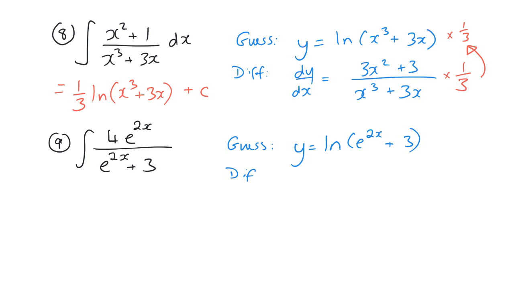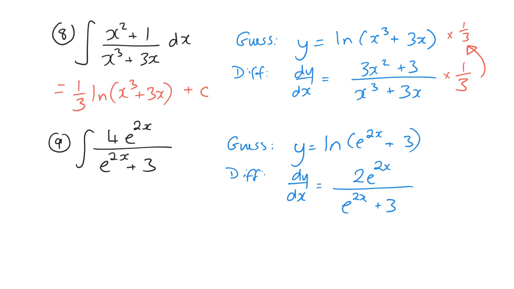So when we differentiate, we get 1 over a to the 2x plus 3, and then differentiate what's in the brackets. Differentiate a to the power of 2x, we get 2 a to the 2x. Differentiate 3, we get 0.